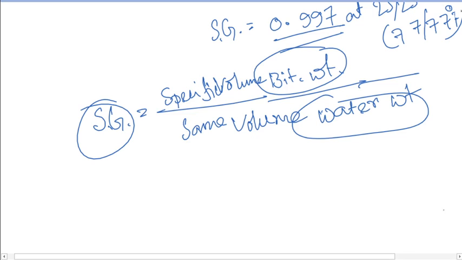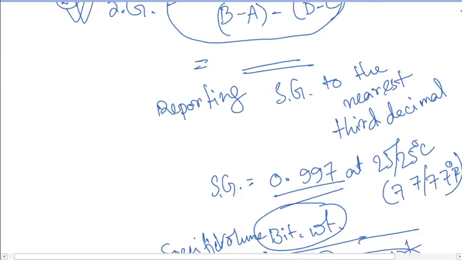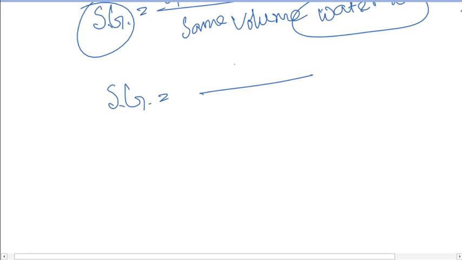From our calculation, the formula was specific gravity is equal to C minus A. What is C and what is A? If you draw the picture again, this is A, empty, including the stopper.